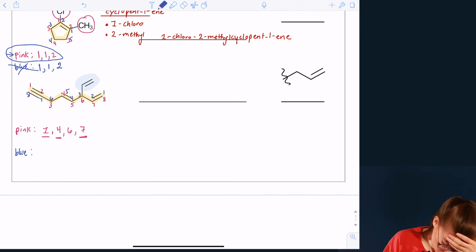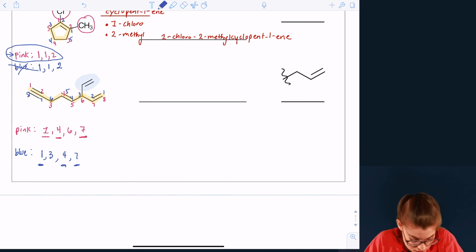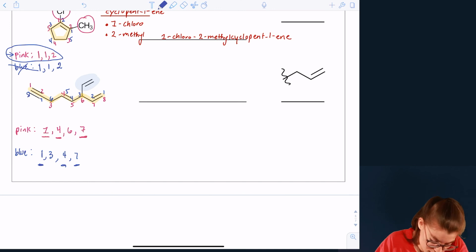So blue would be 1, 3, 4, and 7, where 1, 4, and 7 are the double and or triple bonds. So notice the double and triple bonds have the same number either way you go. The only difference is this substituent here has a lower number in the blue system than in the pink system. So we're going to go with the blue system.